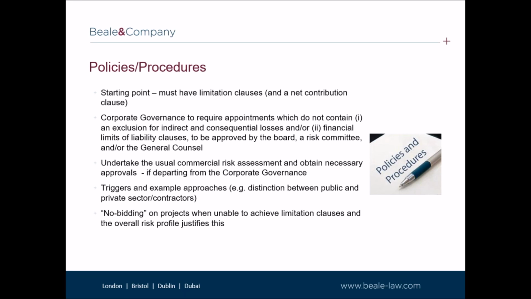For example, some consultants have triggers which mean contracts which fail to include a cap on liability or an exclusion for indirect or consequential loss cannot be signed unless they obtain higher approval, whatever the contract sum. A typical approach in relation to financial limits of liability, as in the case of a large international consultant, is a policy dictating that board approval is required where the limit exceeds the lesser of 10 times the fee or 10 million in the aggregate, including unlimited liability.